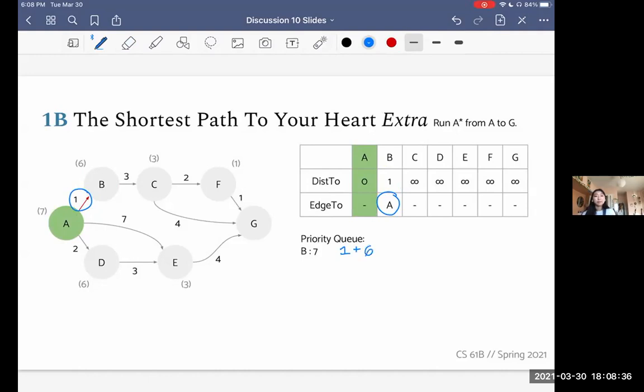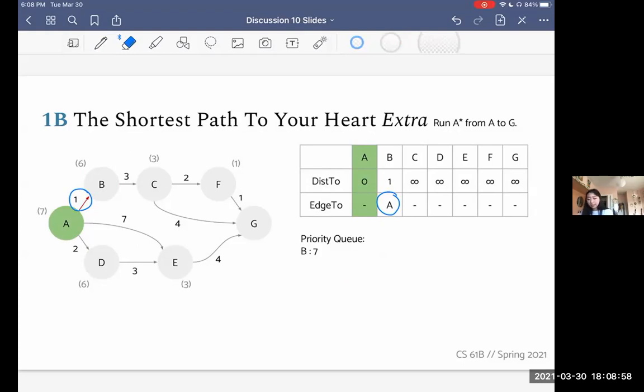So B is in the queue with priority 7 because we estimate the total path from A to G, if we were to go through B, is roughly 7. That's our estimate: from A to B, as well as from B to the rest of the way to the goal.